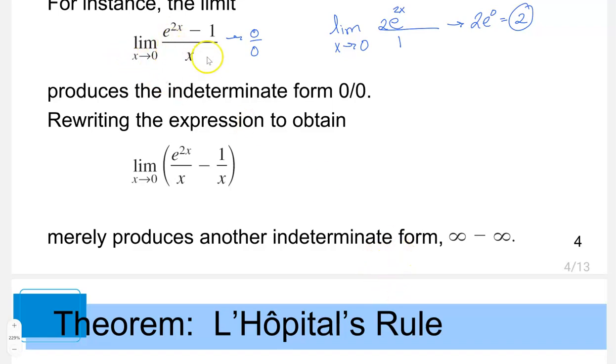Now, even if we were to split this, we would end up with an indeterminate form. There are other indeterminate forms, but notice this would be infinity minus infinity here, and we could verify that by looking at this in the calculator. What happens is the x goes to 0. This guy is going to get really big because of this. That's growing much faster than this.